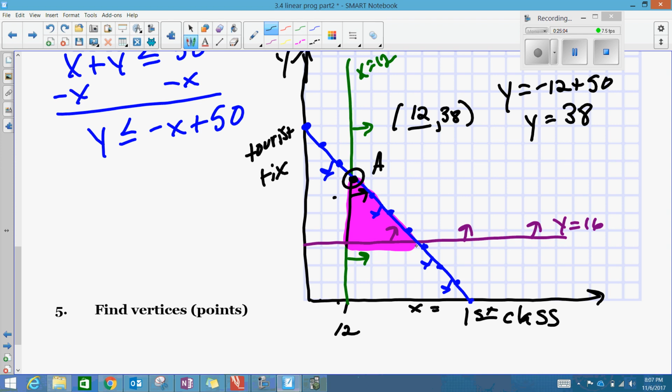So now we look at point B here, and we know it is on the y equals 16 line. So we know that y is 16, and it's still on the blue line, so we know that 16 has to equal negative x plus 50.